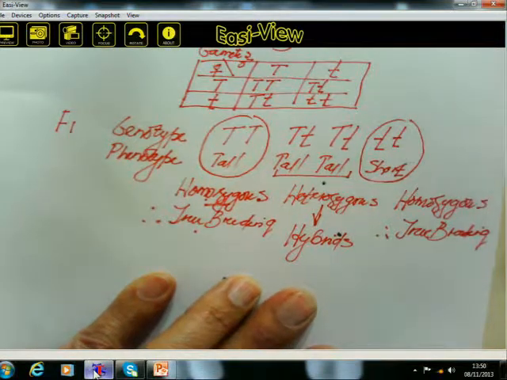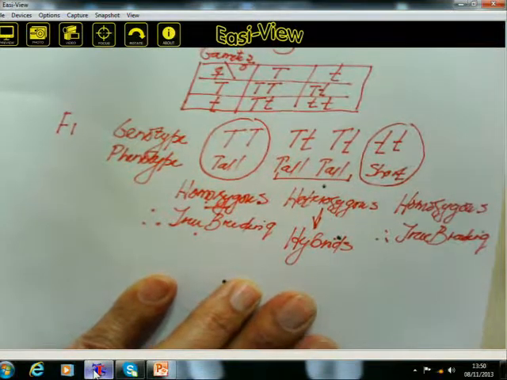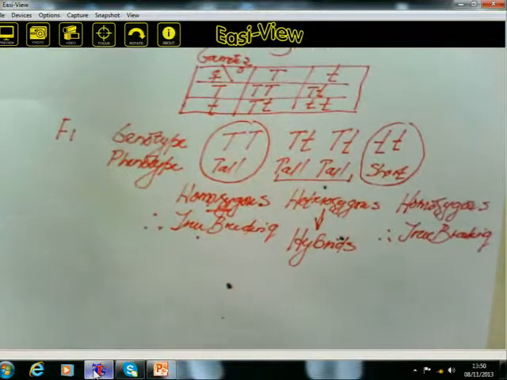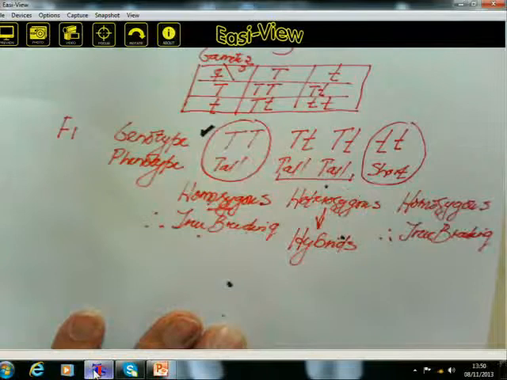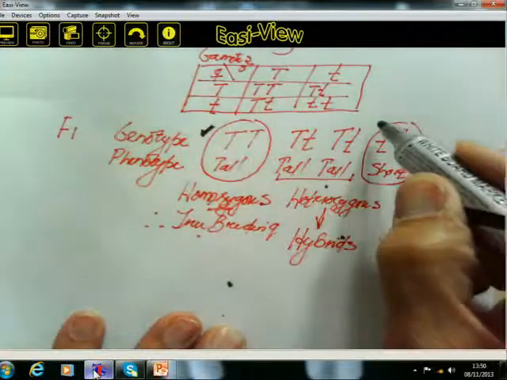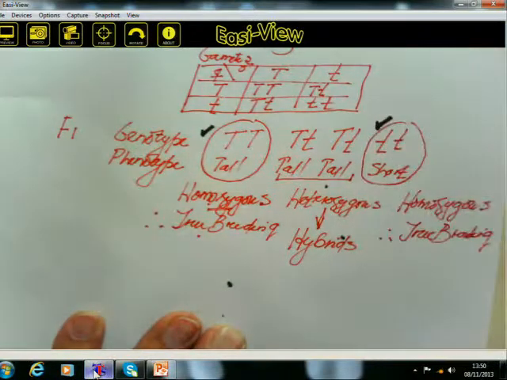But look at the difference between that individual and this individual. The capital letters indicate that it's homozygous, true breeding. The dominant alleles are present.